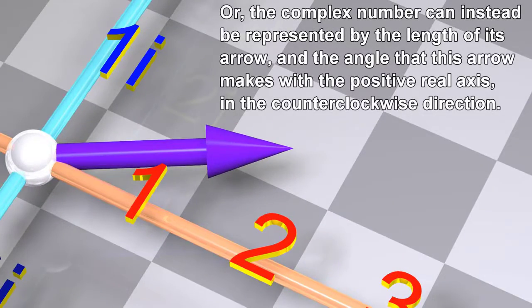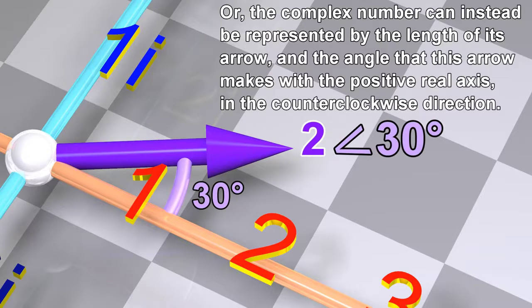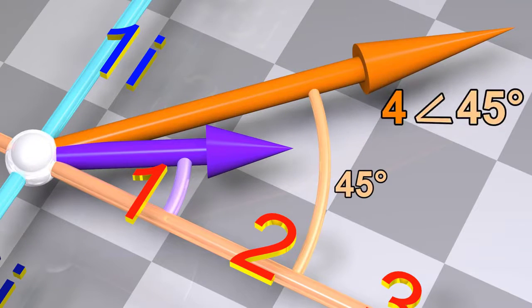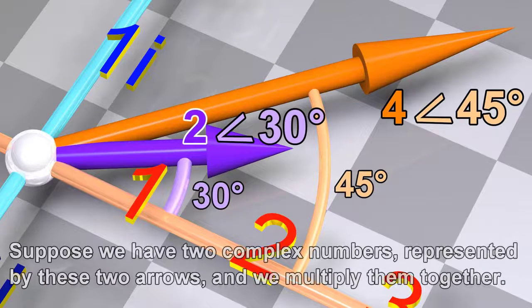Or, the complex number can instead be represented by the length of its arrow, and the angle that this arrow makes with the positive real axis in the counterclockwise direction. Suppose we have two complex numbers, represented by these two arrows, and we multiply them together.